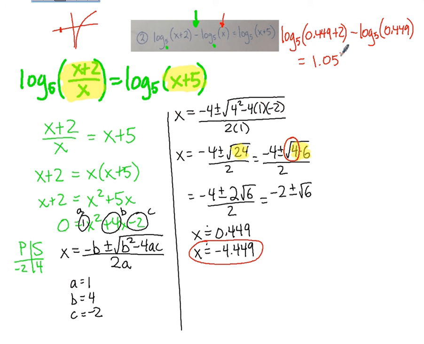So that's the left-hand side. On the right-hand side of the equation, I have log base 5 of 0.449 plus 5, and guess what? That also equals 1.053. So that confirms it. We do have one solution. This is it, and so there's our answer.